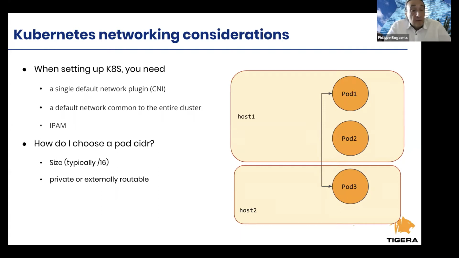Since we're living in an IP world, we basically have to explain to Kubernetes and to all the components that talk to the Kubernetes API, like kube-proxy, for example, which network we're going to use. This is typically referred to as a pod CIDR. That's something you specify the moment you configure Kubernetes. Quite often, it's a /16 network, sometimes 192.168, sometimes 10.something.